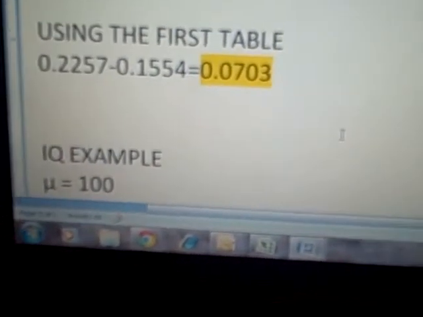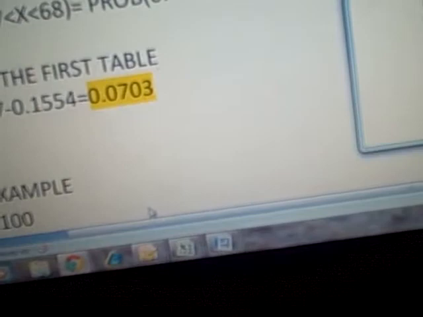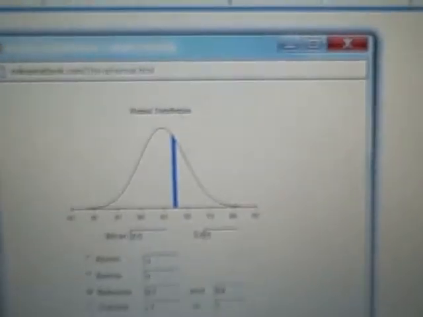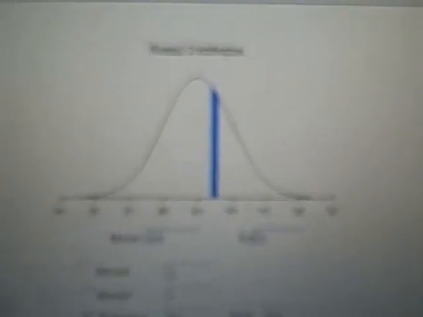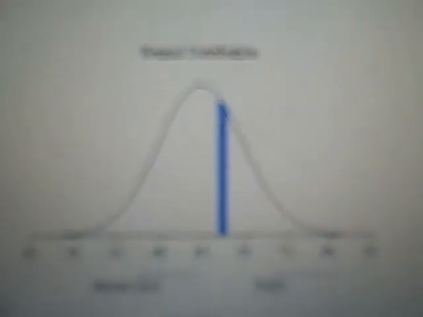Let's give another example. Let me show you a picture of this. Here's a picture. And you can see here is the mean of 65. I hope you can see this. And that is the strip, the area between 67 and 68.